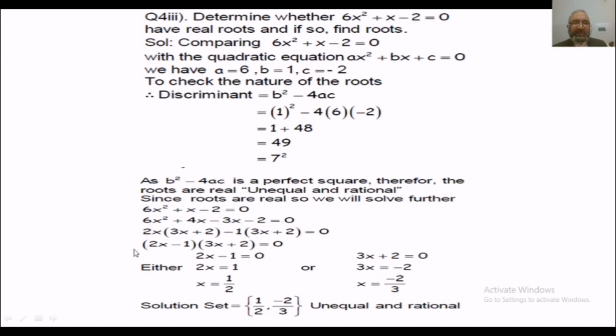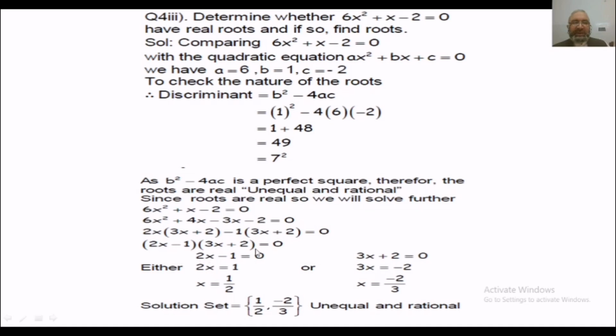In the first two terms, 2x is common. We get 3x plus 2 into 2x, minus 1 common in the next two terms, we get 3x plus 2. Now 3x plus 2 is common to both terms, so we get 2x minus 1 as the other factor.